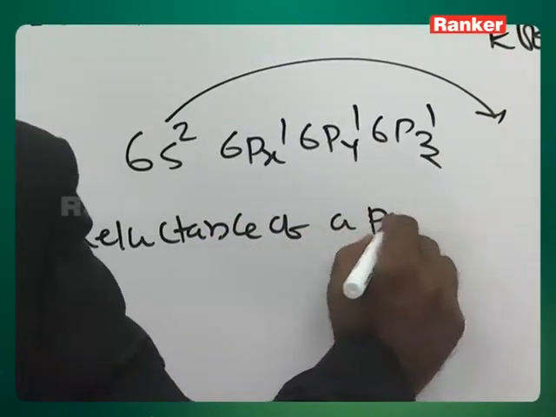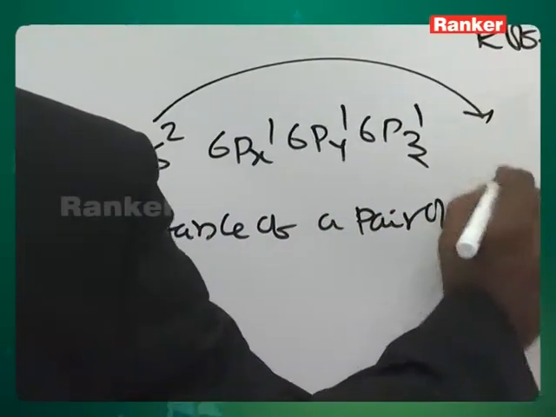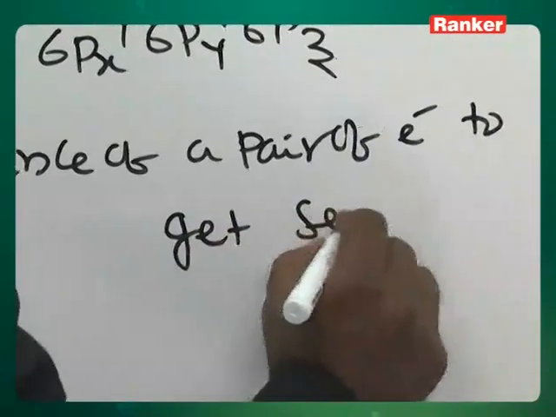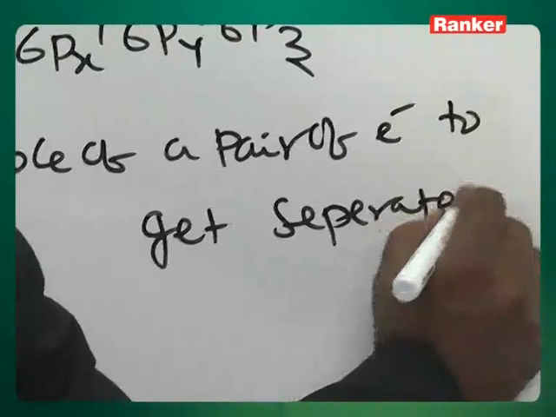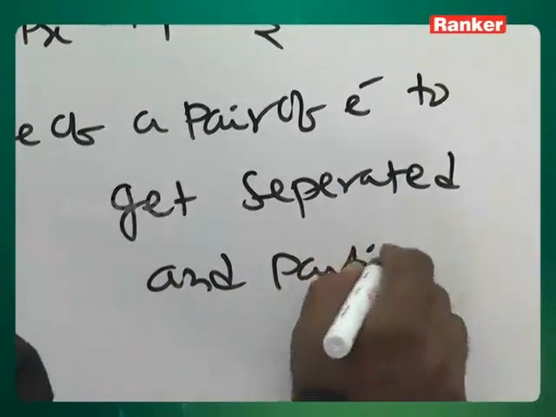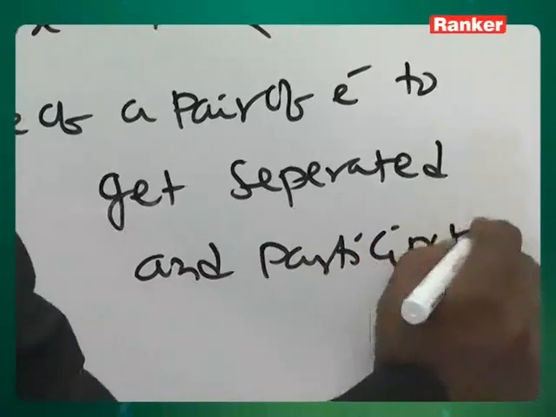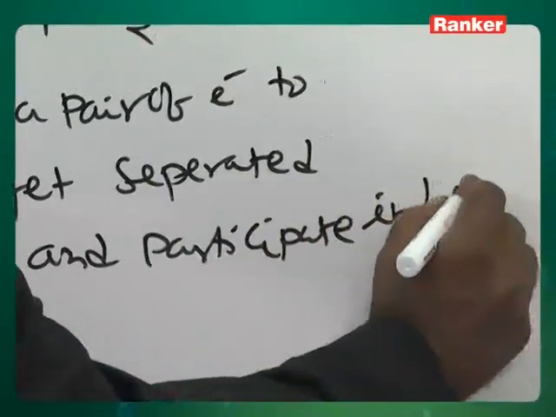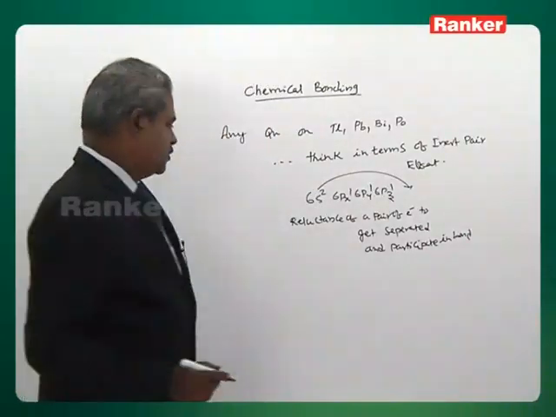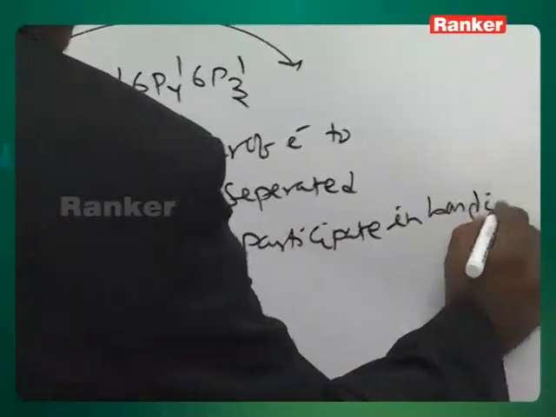This is the reluctance of a pair of electrons to get separated and participate in bonding.